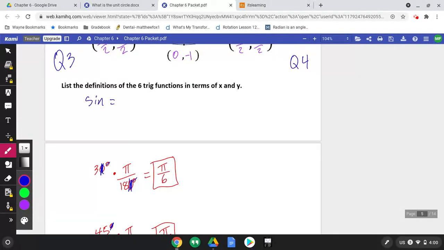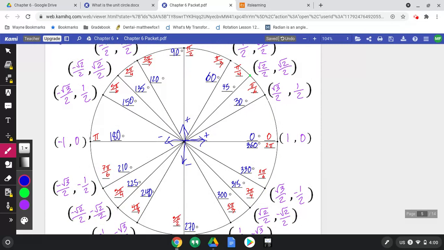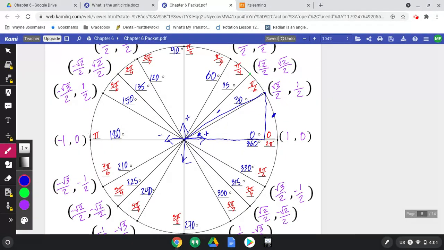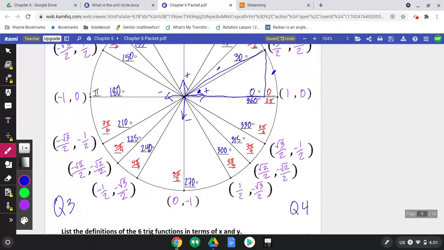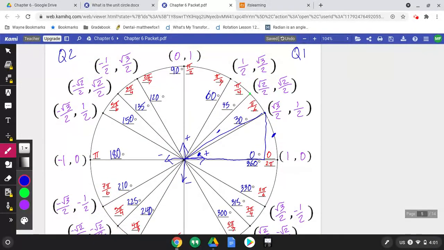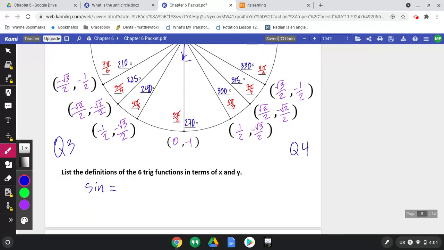Our sine is, remember sine is SOH, O over H. Now once again, you don't need to draw this, but if we had this triangle here, compared to this angle, we said the opposite, so that'd be over here. That'd be our y value, and our hypotenuse is on top. So it'd be y over our hypotenuse, which is the same as our radius, y over r. And we know on the unit circle, the radius is 1. So anything over 1 is just whatever was on top. So our sine is y.